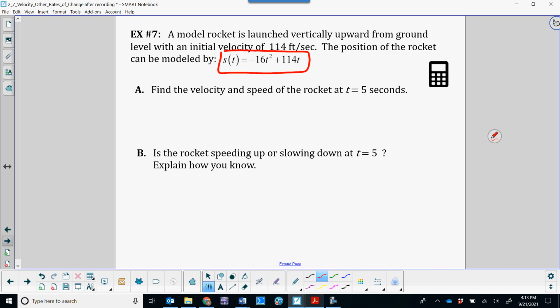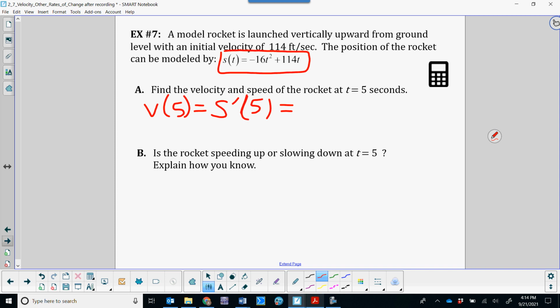To find velocity, here's exactly what you would write. You would say the velocity at 5 equals s prime at 5 equals, and you write whatever you get in your calculator. So you have told somebody everything you're doing.